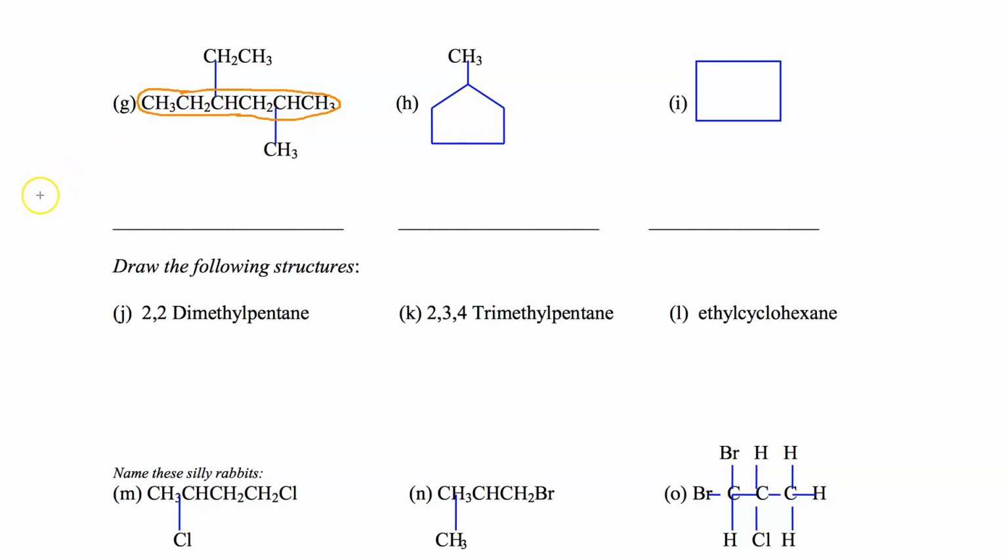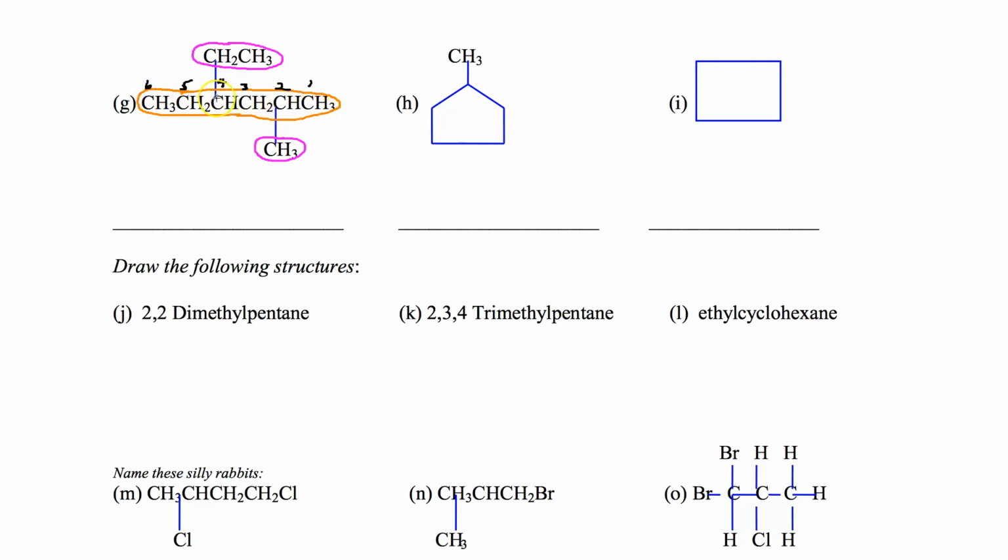Now, I'm going to number my carbons so that these attaching groups, and what are the attaching groups? The attaching groups are the groups that are not part of the longest continuous chain. So I've got 2 different groups, and if I were to number these 1, 2, 3, this would be the 4th carbon, 5th carbon, and 6th carbon.